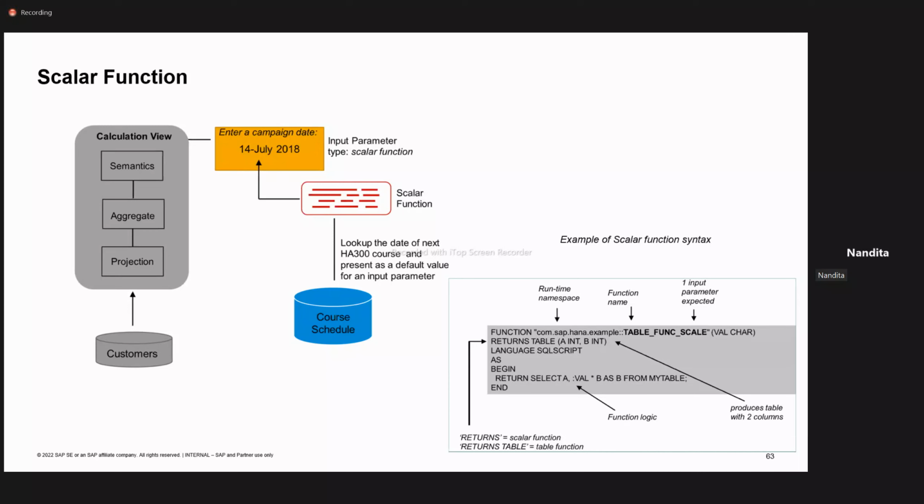So let's take a detailed look at the scalar function first. One of the most common uses of a scalar function in a calculation view is to derive values for the input parameters. A simple example of a scalar function could be to return the current date.